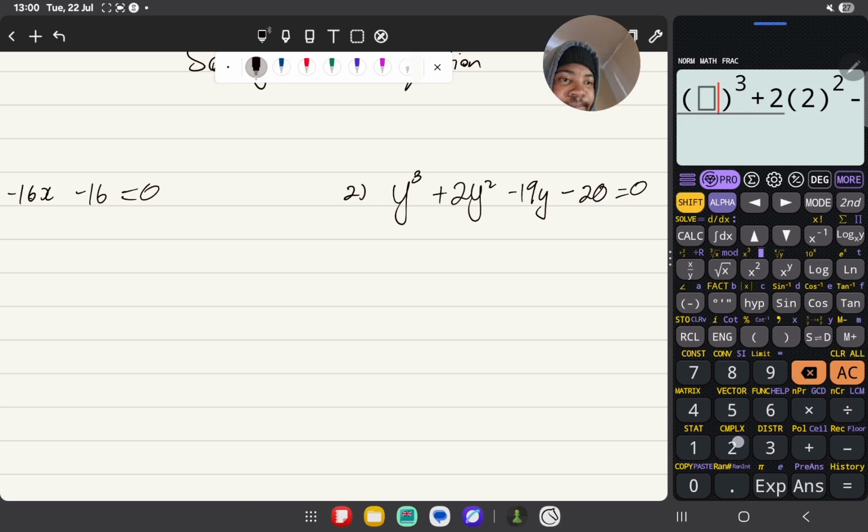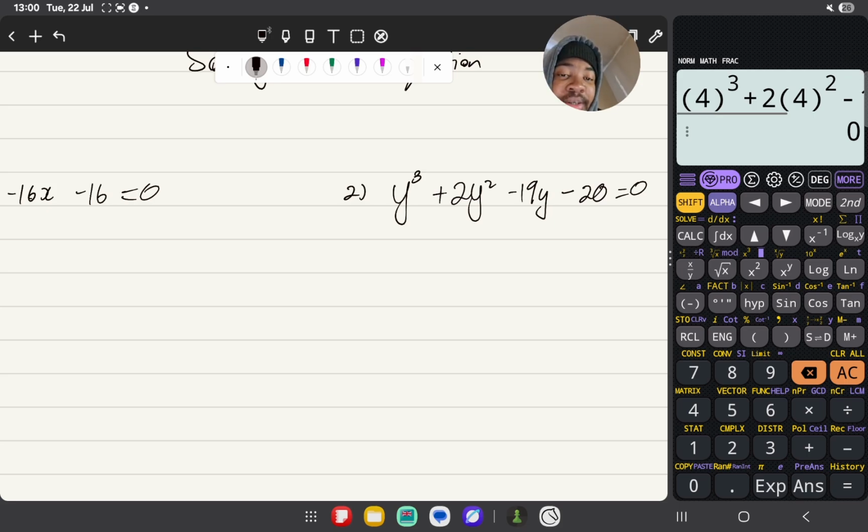We're still on 2, so 2 is not working. Go 3. All right, 3 doesn't work. After 4, I'm going to the negatives. This thing, it works. So 4 works.